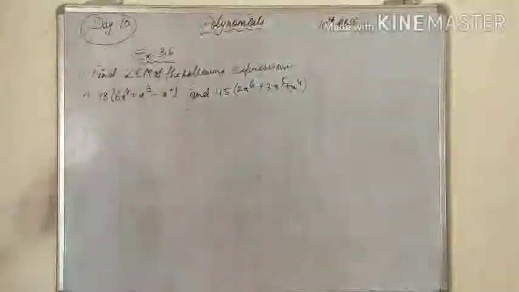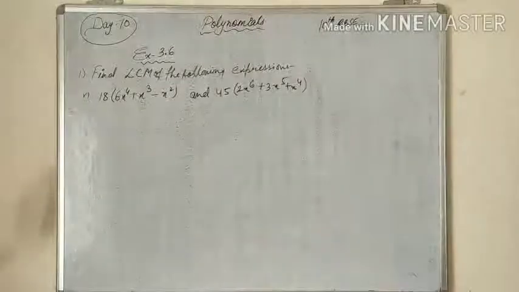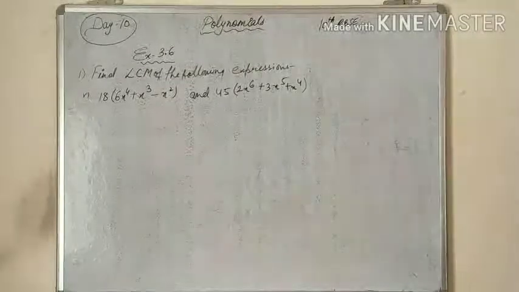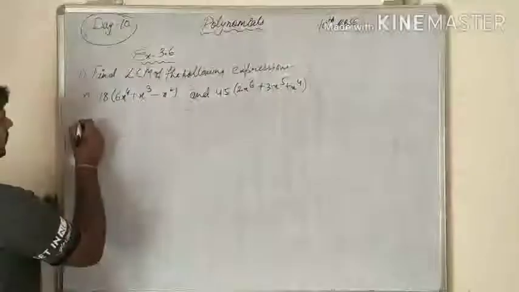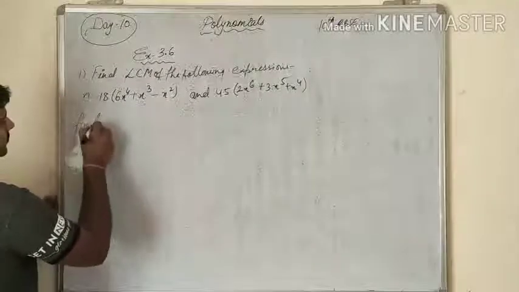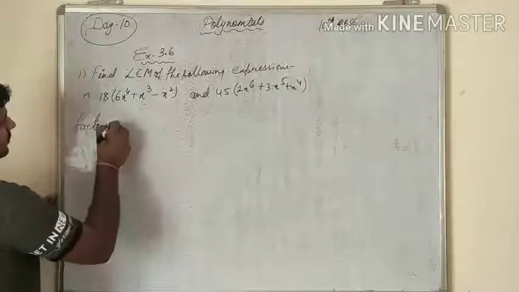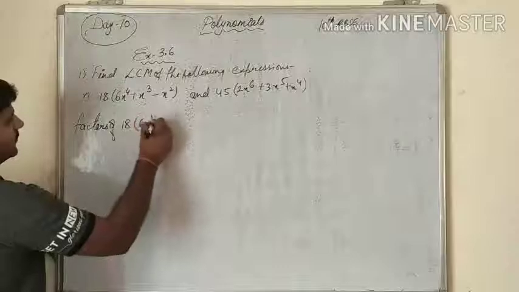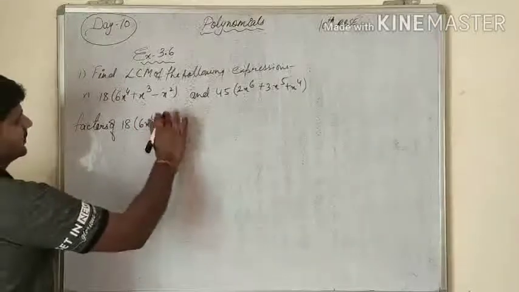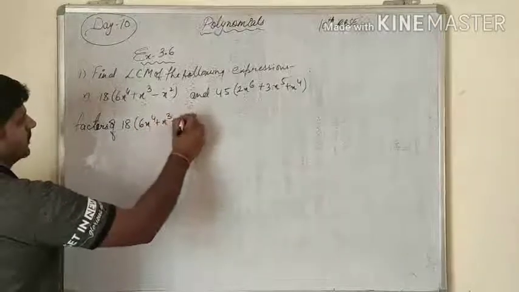Let's find out their LCM. So what to do? First, the factors of 18, 6x raised to 4 plus x cube minus x square.